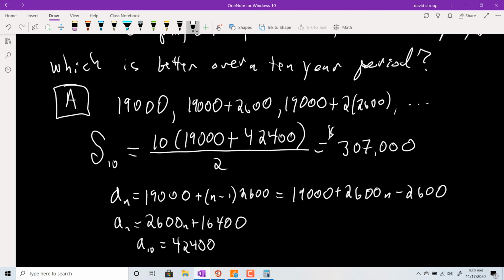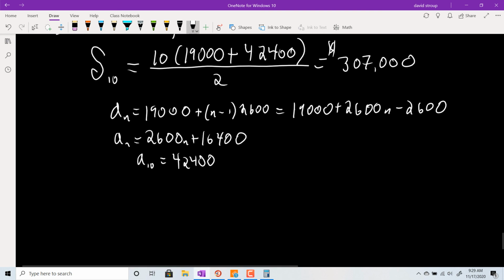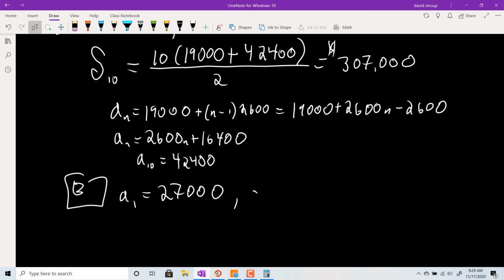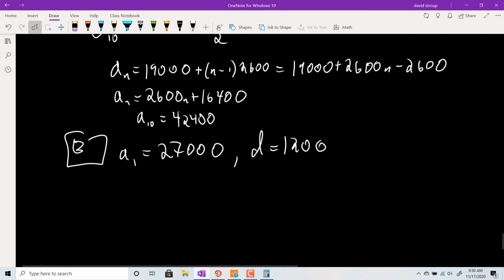Okay, let's look at the other one, company B. So their starting salary, a sub 1, is 27,000. And their common difference is 1,200. So again, our sequence is going 27,000 and then 27,000 plus 1,200.